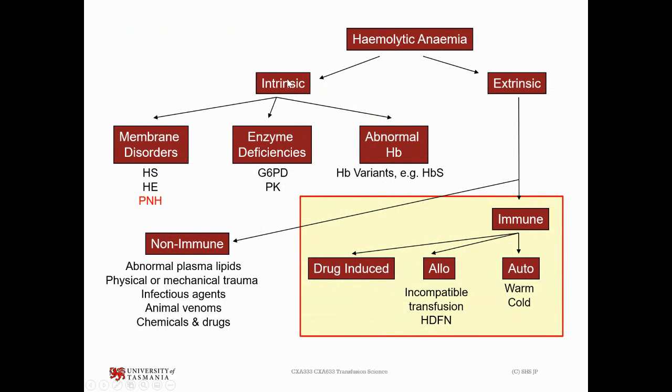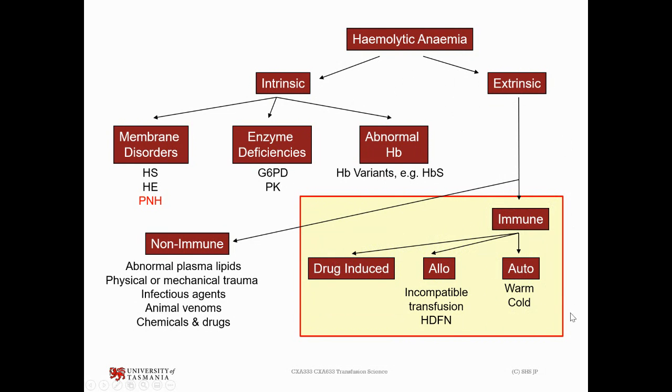As we can see here, intrinsic or intracellular, extrinsic or extracellular hemolytic anemias. So it's quite a large subgroup, and the part that we're focusing on for transfusion science is the immune hemolytic anemias. Okay, so you can see here we have drug-induced, we have alloimmune, and we have autoimmune. So we've learned a little bit about these in Hem 2.